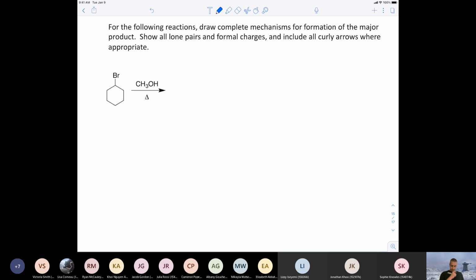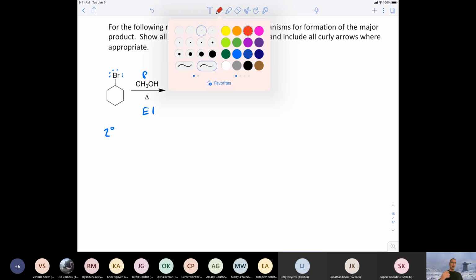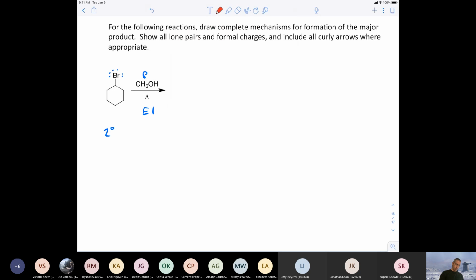in a single place. So we have a starting compound here, which is secondary, and we have a polar protic solvent, and we have heat. Go right back to the beginning. These, again, are conditions for E1. By now, you should have the first step in your head: loss of the leaving group.